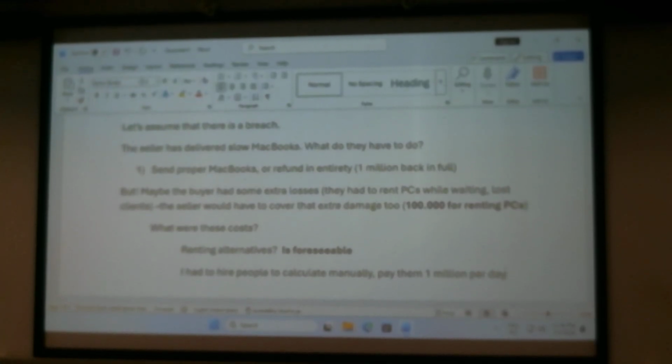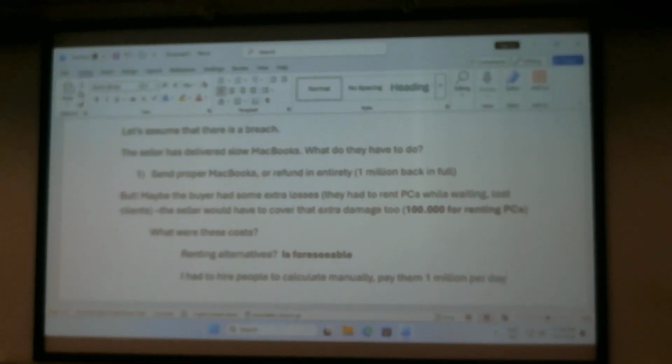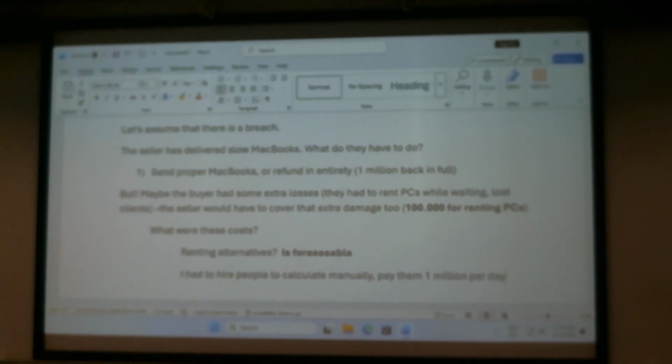So instead of renting PCs or buying PCs, the buyer says, I have lost extra money because I had to hire people to actually do this for me. Obviously, that would put the seller in a rather unfortunate situation, like how could they expect when they sold laptops that if they don't deliver them, the natural thing to do is to hire this amount of people, or to hire people at all to be dealing with it.